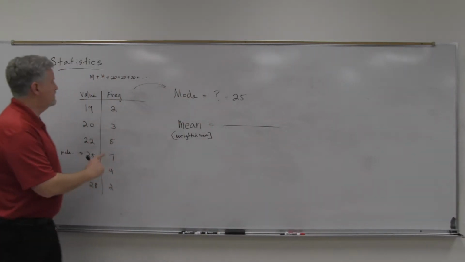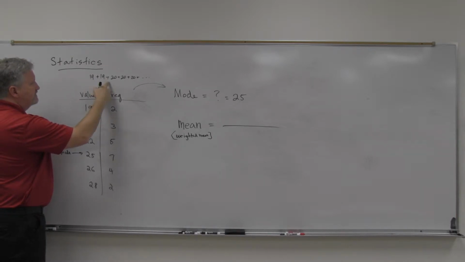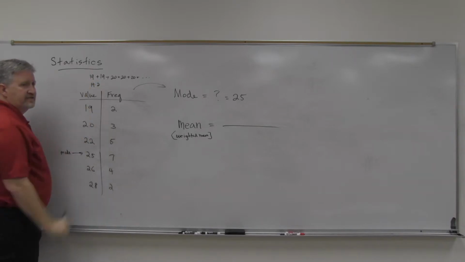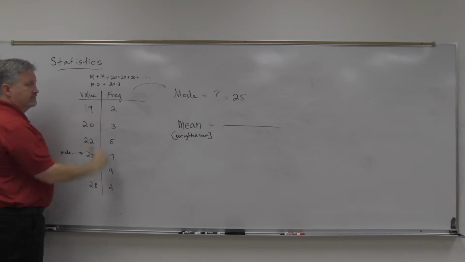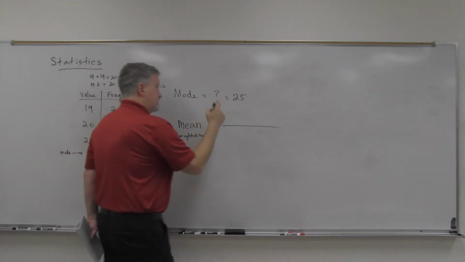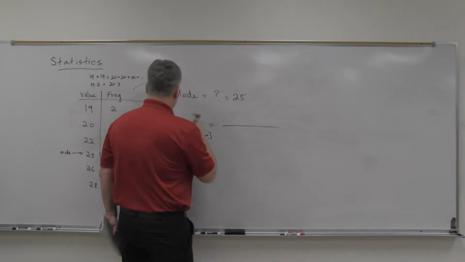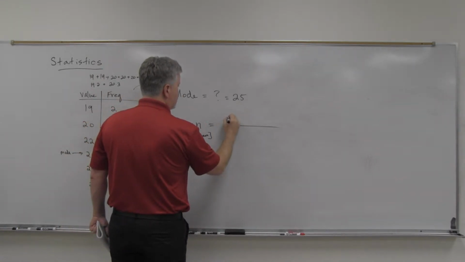Another way of doing this is, instead of adding up 19 2 times, couldn't I say 19 times 2 instead? And then I could say 20 times 3, that'd be another way to get 20 plus 20 plus 20. So what I'm going to do for the top is sum up all of the values times their frequencies.